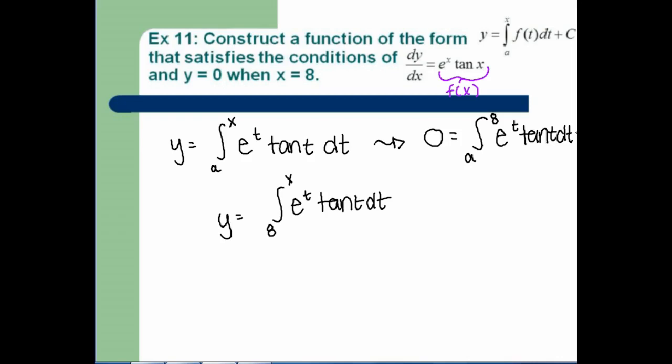So take your antiderivative and let's prove that you can get to this. What could you do if you don't know the antiderivative of that function? Do we know how to take the antiderivative of a product yet? No, not really. So putting it in our calculators isn't going to help us, right?